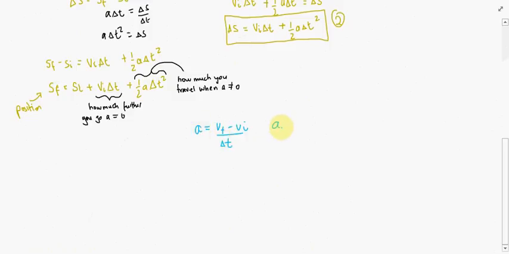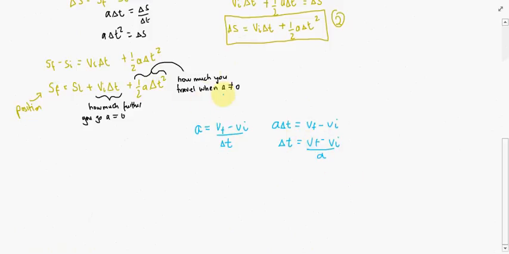Again, we already derived this component, but we're just going to make delta t the subject of the formula. The final velocity minus the initial velocity, and then I'll divide both sides by a to give me delta t on its own, which says that it's the final velocity minus the initial velocity over acceleration. Okay, so now I have an equation that gives me the time as a function of velocity and acceleration.